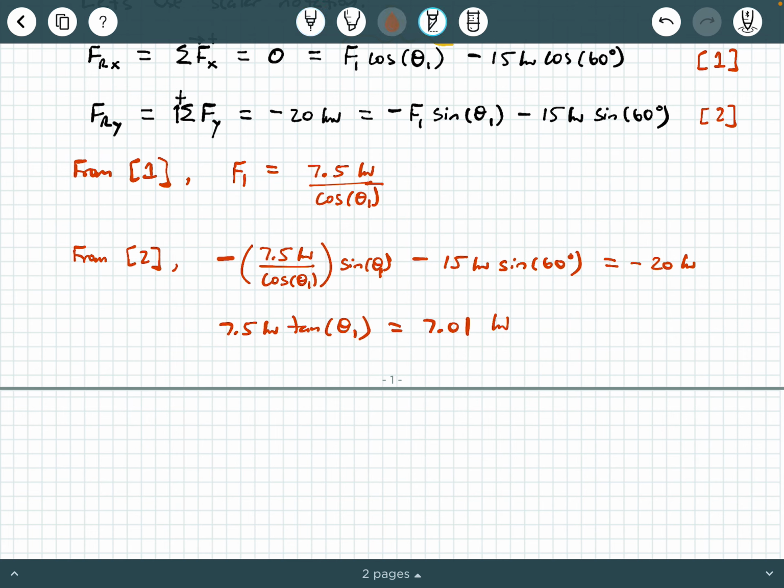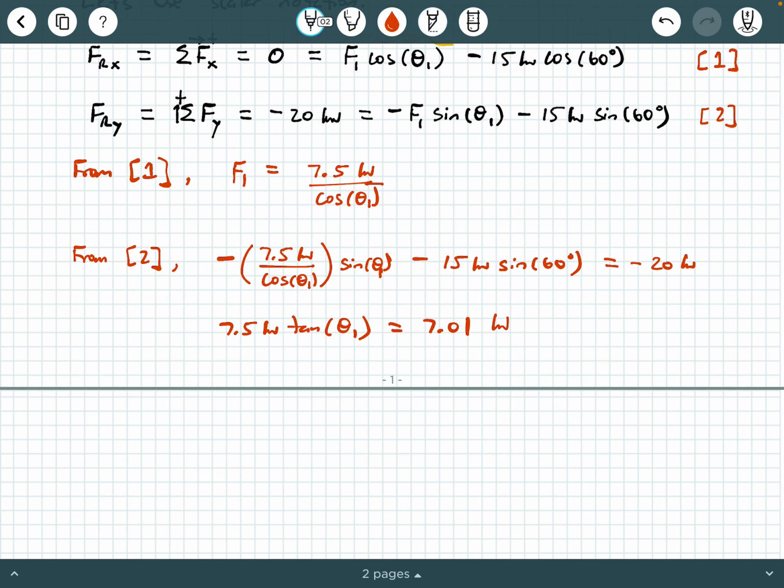So what I did was I combined these constants, this negative 20, and I moved the 15 times sine of 60 over. So I collected all the constants on the right side of the equation. And then I also recognize that I've got a sine of theta 1 over a cosine of theta 1. So I rewrote that as tangent of theta 1.